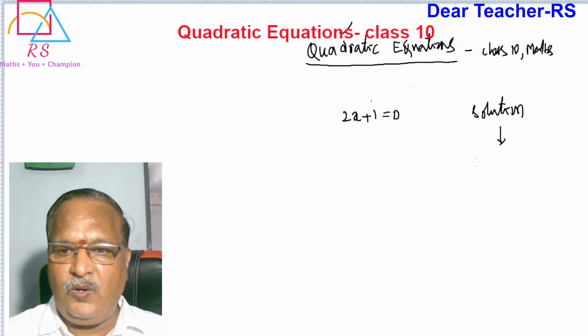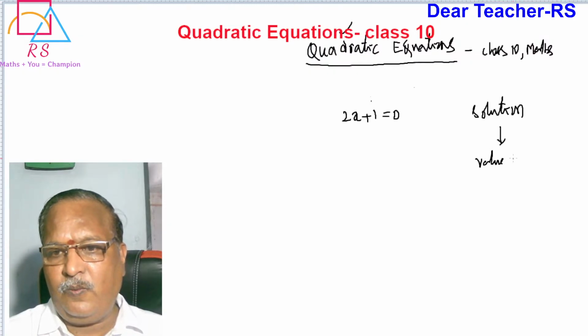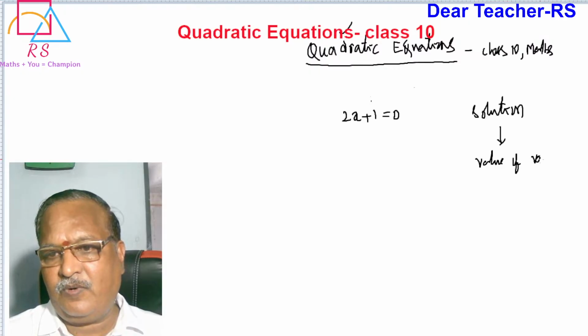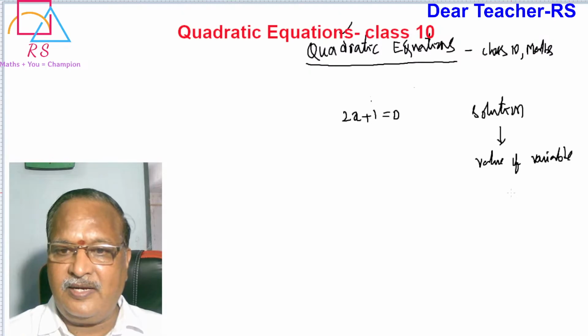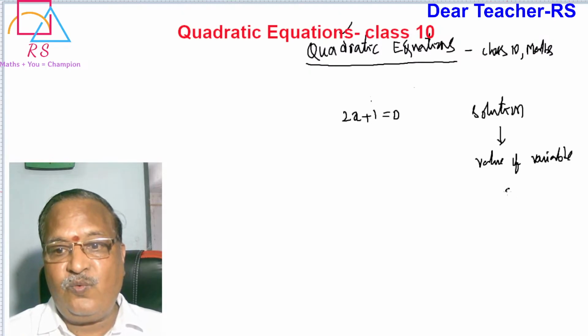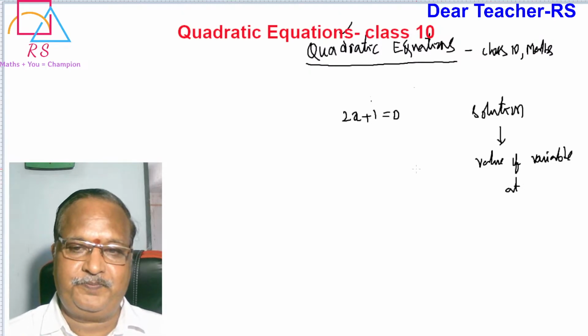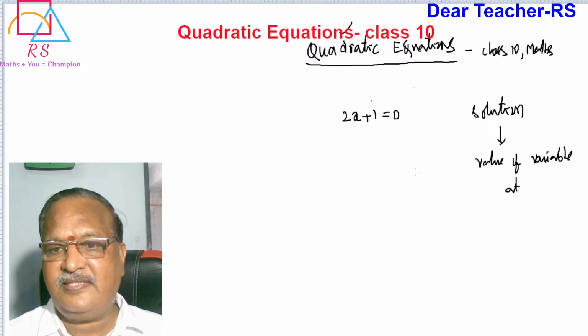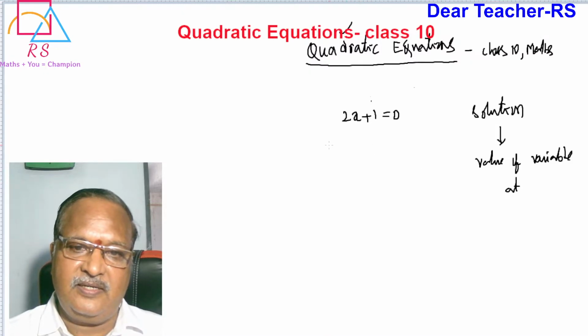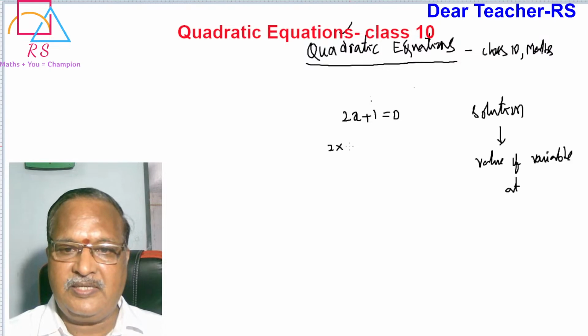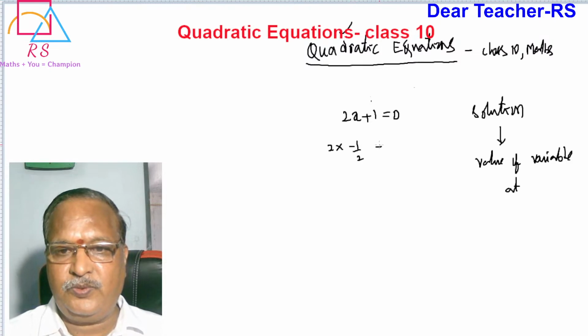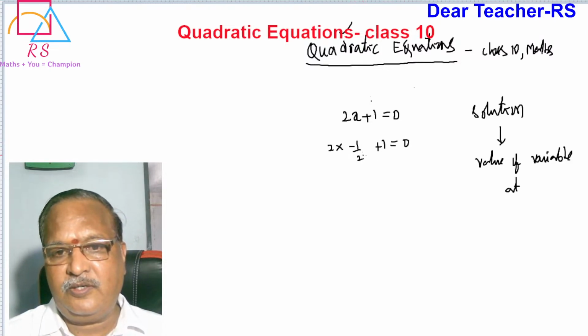It is the value of the variable, whatever variable is present, at which the equation is 0. Suppose in this equation you put x is equal to minus 1 by 2, then 2 will get cancelled, minus 1 plus 1 and 0 is equal to 0.